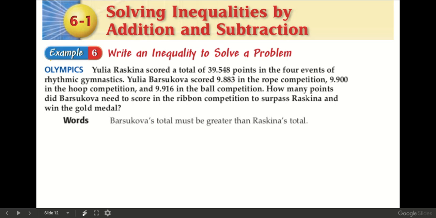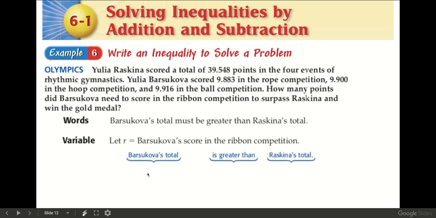So if we examine the words, it says Barskova's total must be greater than Ruskina's total. We're going to let R be Barskova's score in the ribbon competition. Her total has to be 9.883 plus 9.900 plus 9.916, the 3 scores she already has, plus her ribbon score.